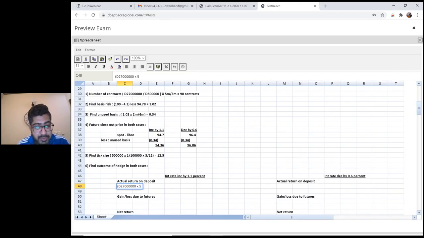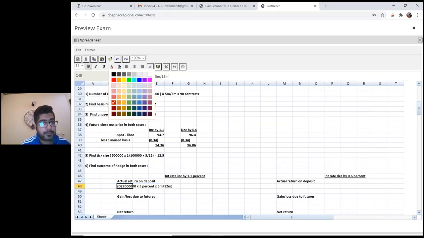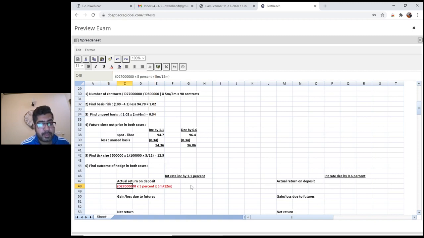So 5% into time period of borrowing, it's 5 months over 12. So the actual return on deposit is going to be the same as computed in forwards, 562,500.